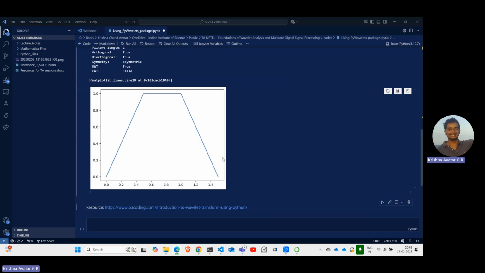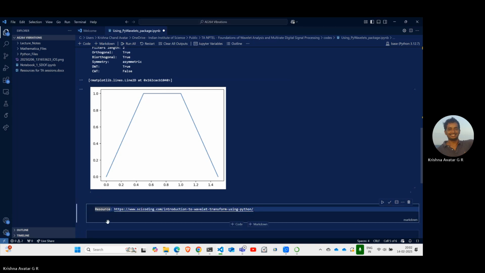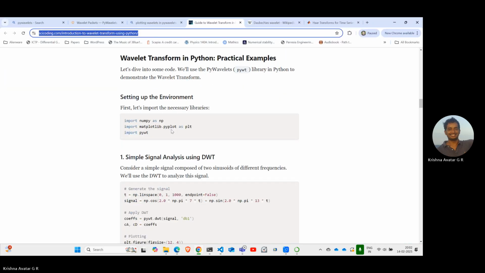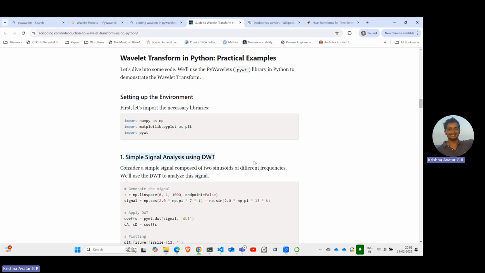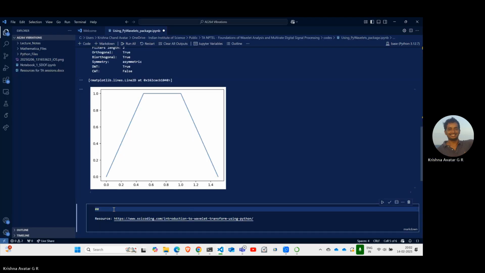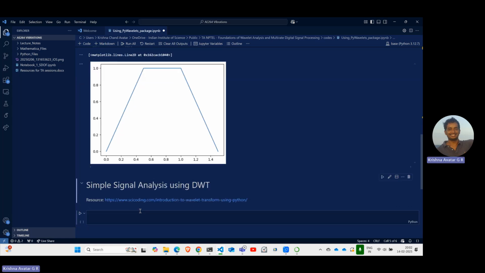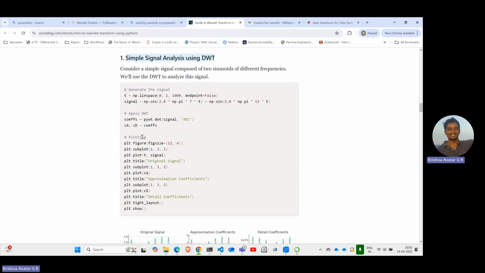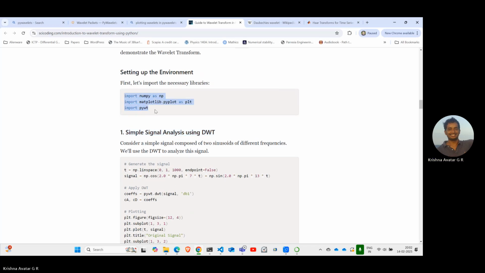We can of course edit it. Simple signal analysis using discrete wavelet transform. Here's the resource. I'll just copy these codes so that it's all in one place.